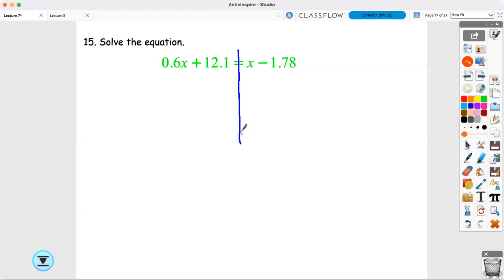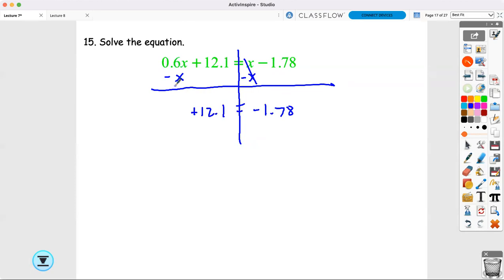Draw a line down the equal sign. Subtract x on both sides. So these cancel out. Bring down the negative 1.78. Bring down the plus 12.1.